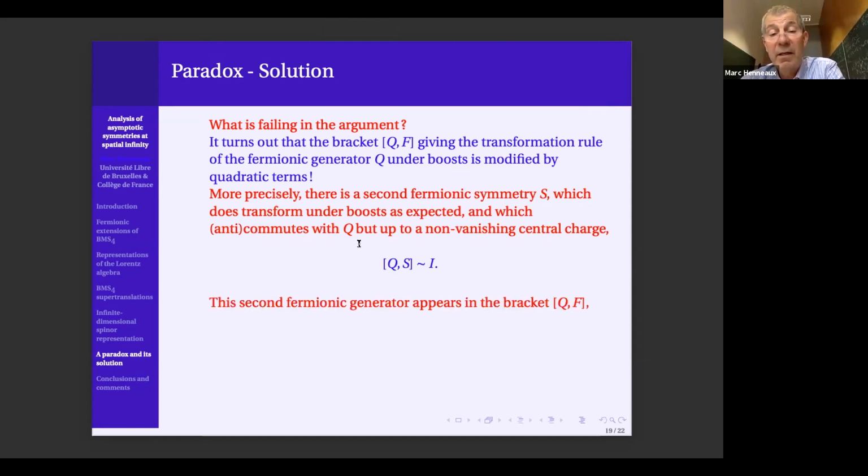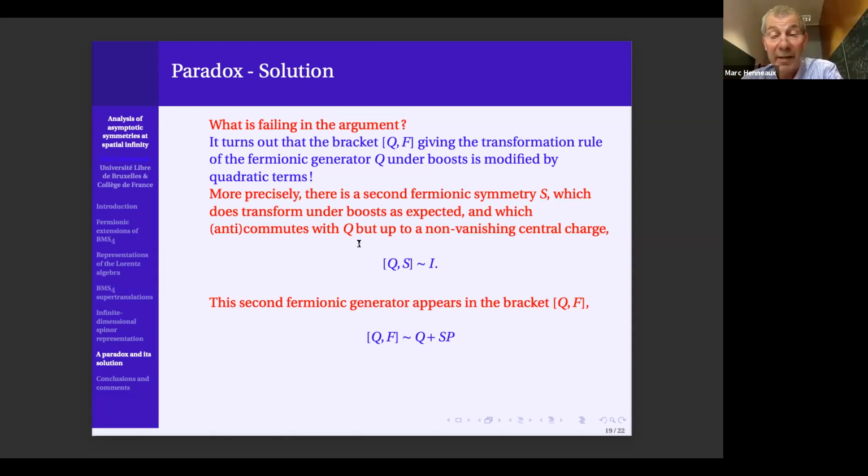And this second fermionic generator appears in the bracket of the first fermionic, the standard supersymmetry or angle-dependent supersymmetry transformation, with the boost. You get some quadratic relation of this type. So I want to convey the idea, so I'm not going to give the explicit formula, but you find that Q with F will give the linear transformation of Q, which is what you need to get the fermionic representation.